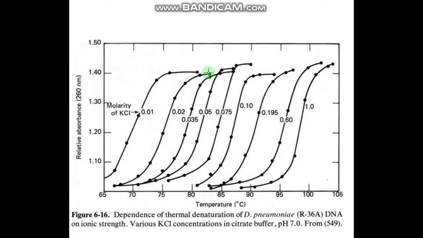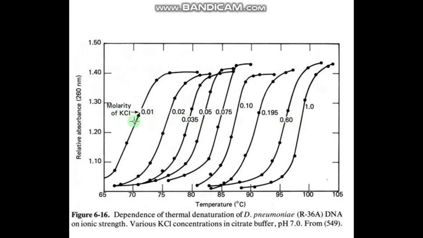And the important thing about this is that they've repeated this experiment in solutions with different concentrations of salt, in this case potassium chloride solution. And you can see that as you go from a low concentration of 0.01 moles per dm cubed up to 1 mole per dm cubed, you get a big change in the thermal stability.